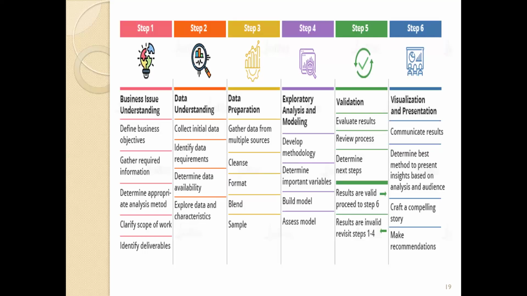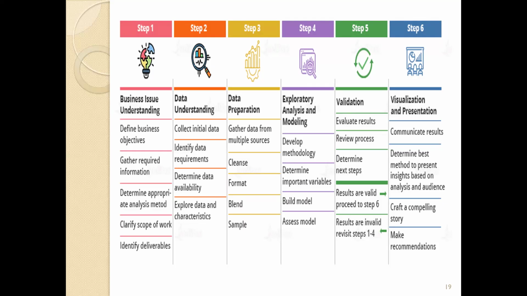In the third phase we do data preparation. We gather data from multiple sources and present it in a particular format. The next phase is exploratory analysis and modeling. Here we develop a methodology and build a model.